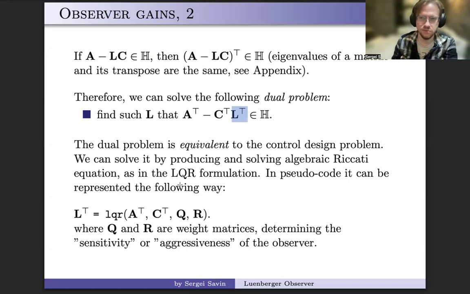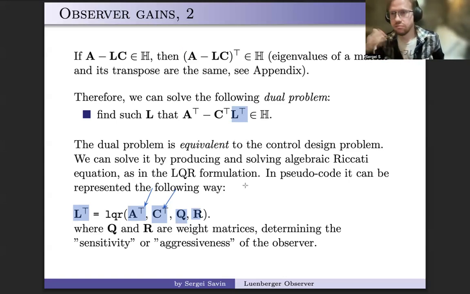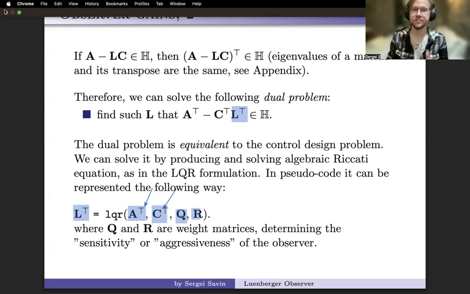So we don't need to do anything else. We just plug it into our previous formulas. For example, if we want to do LQR, we find L transpose by doing LQR for A transpose as the state matrix, C transpose as the control matrix, and choosing Q and R. If we do pole placement, A transpose would be the state matrix, C transpose would be the control matrix, and the poles would be eigenvalues.